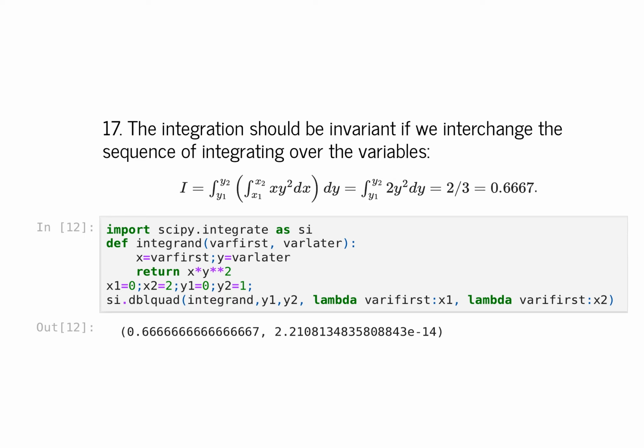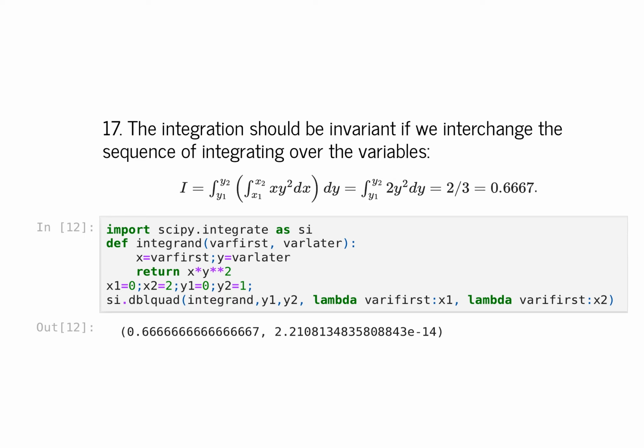Analytically, the inner integral of xy squared dx from 0 to 2 is x squared over 2 times y squared, evaluated at x equals 2 and x equals 0, which gives 2 times y squared. Then, integrating 2y squared with respect to y from 0 to 1 gives 2/3 times y cubed, evaluated at y equals 1 and y equals 0, which again results in 2/3.